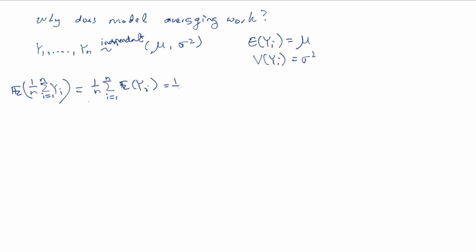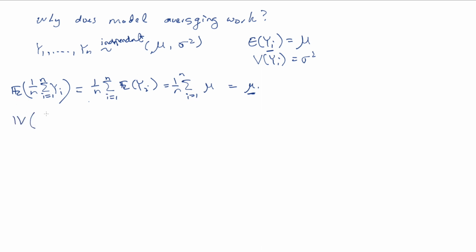So I get 1 over n times the sum from 1 to n of mu. And this is just a sum of mu n times, so I get just mu. In other words, the expectation of the average is the same as the expectation of the individual components.